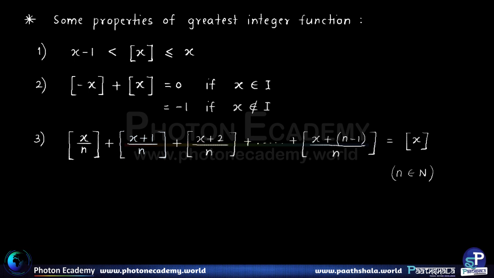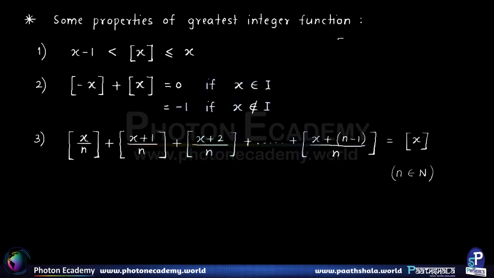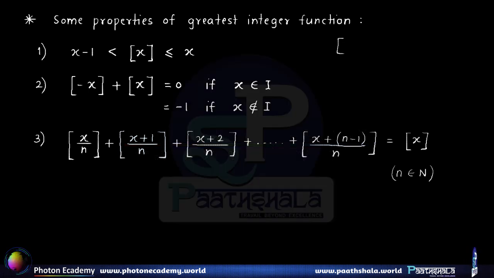So in other words, the greatest integer less than or equal to x lies between x minus 1 and x, and there is a possibility of equality on the right hand side, because if x itself is an integer, then the value of bracket x will be nothing but x itself. So in that particular case we have equality on the right hand side, but otherwise it will be less than only if x is not an integer.